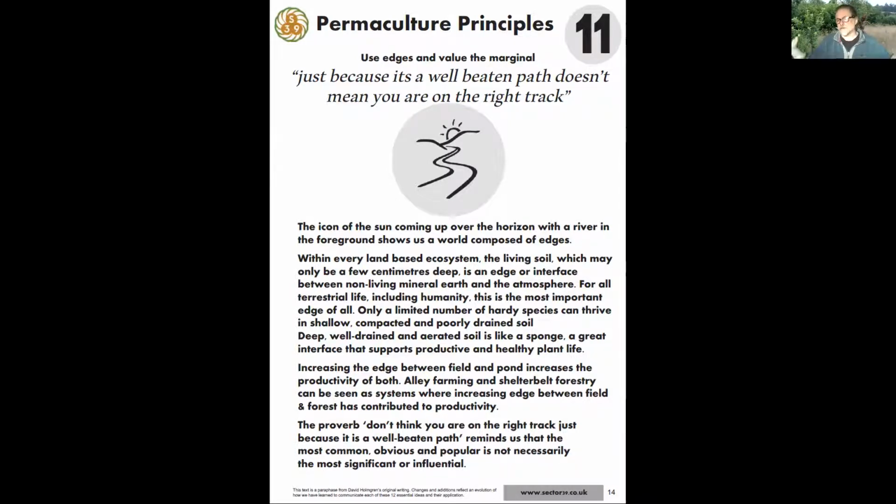There's giant sequoia redwood trees that we see in the Pacific Northwest, some of the largest, most magnificent species on Earth. Their seeds struggle to germinate if they haven't passed through the gut of a particular kind of vole. Value the marginal. We need to understand that there are relationships going on between things and that we might not understand them all. And therefore, we need to value every element and understand how it in some way contributes to the whole.